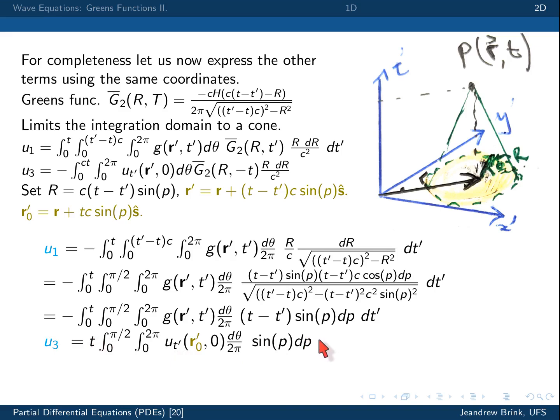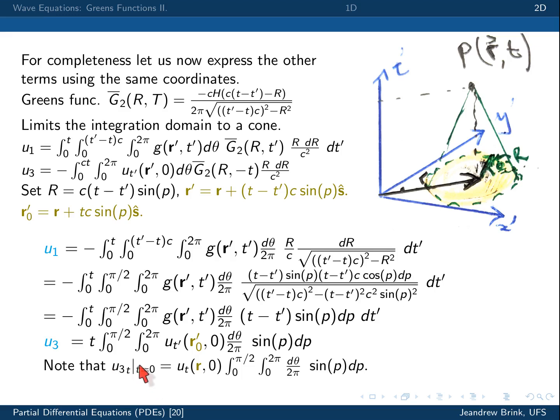Just to prove, in fact, that the solution does limit to the right thing, in other words, that u3 at time t equals 0 just becomes the u_t that's given, let's evaluate it. So u3 at t equals 0 can be evaluated in the following way.